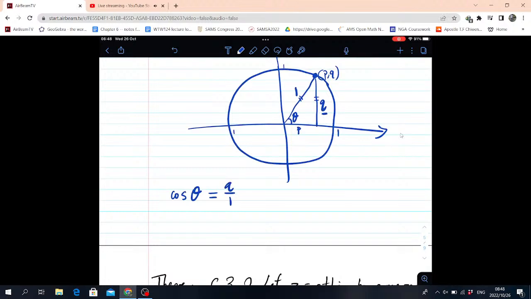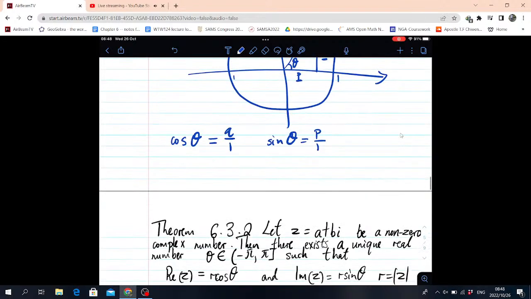And if I want to find sine theta, I will say the other side, which is p, over the hypotenuse. And then we end up with q being equal to cos theta, and p being equal to sine theta.